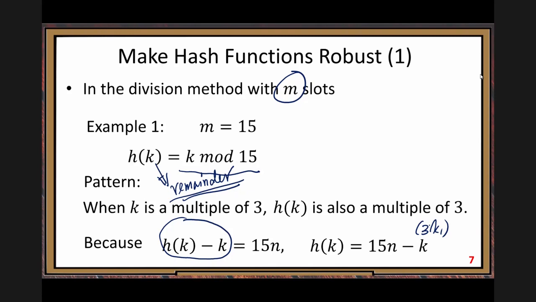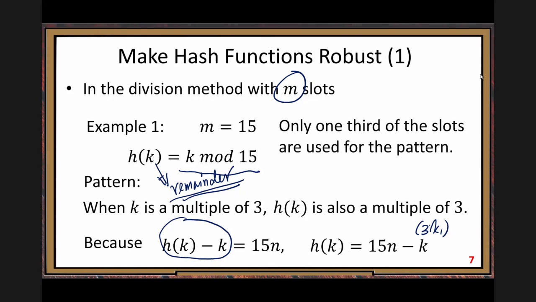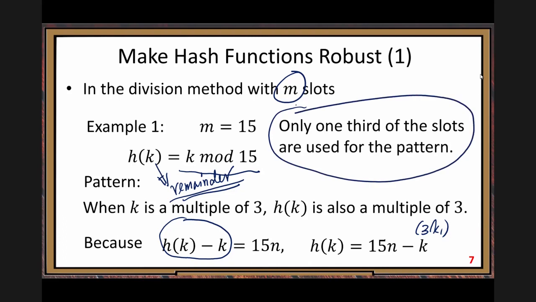3. If that happens, then only 1/3 of the slots are used. Only those locations that are multiples of 3 can be used, corresponding to the hash function values.